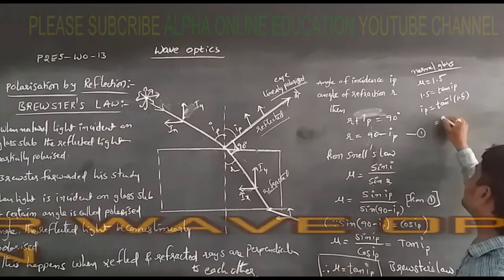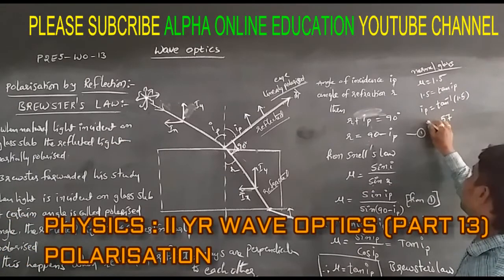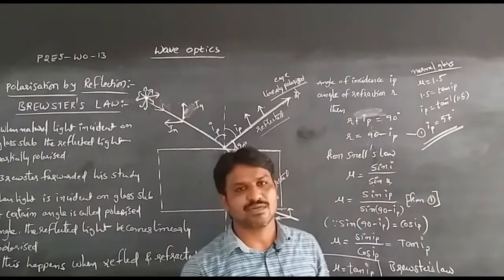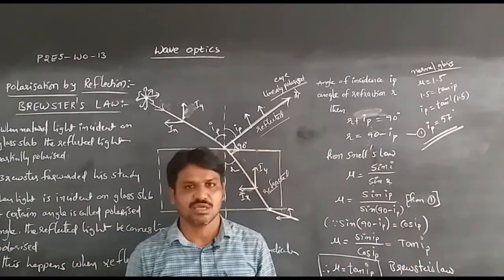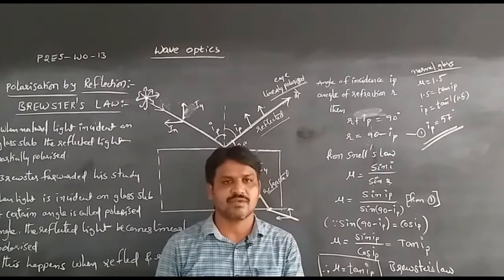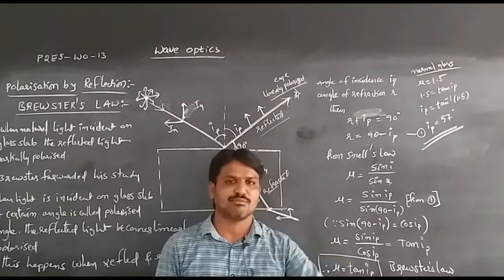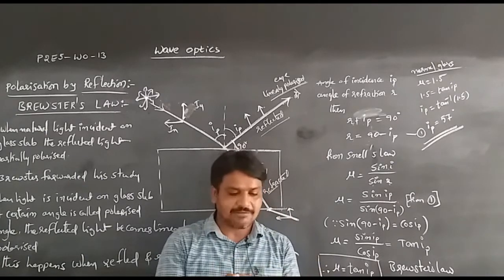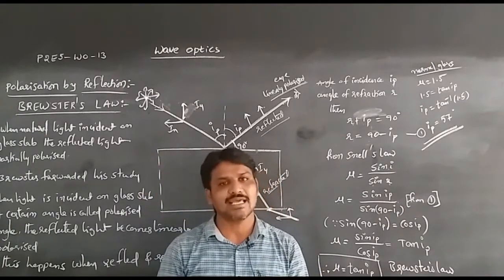The value is about 57 degrees. So whenever light is incident on normal glass of refractive index 1.5 at an angle of incidence of 57 degrees, the reflected light is linearly polarized.